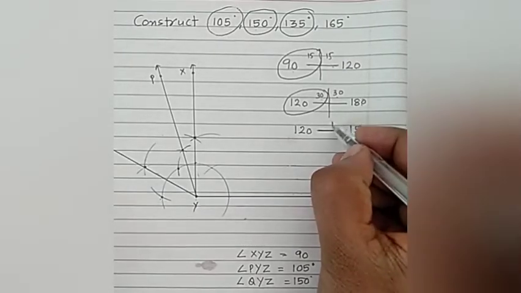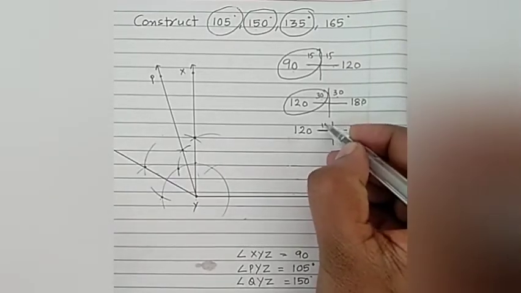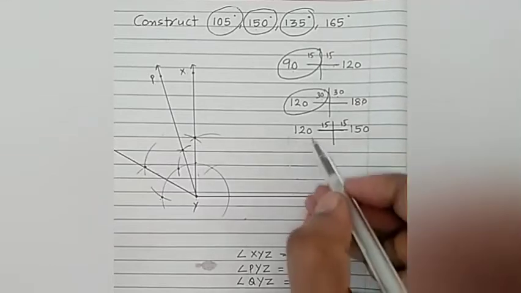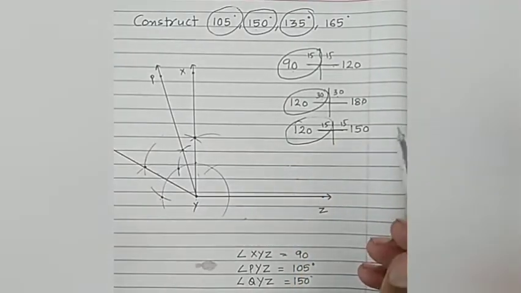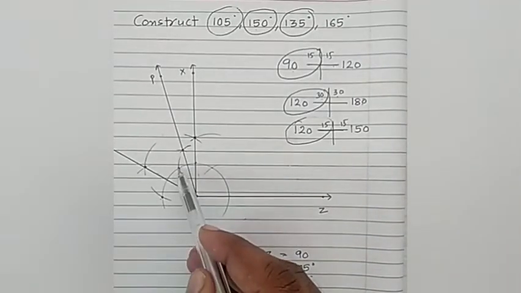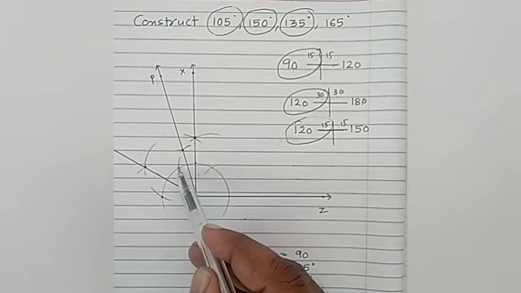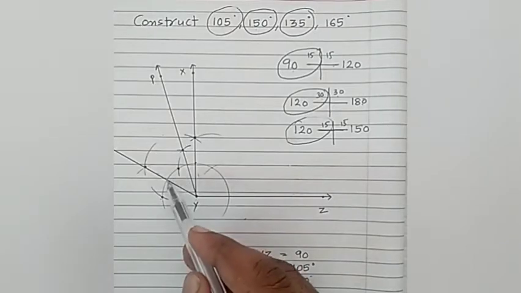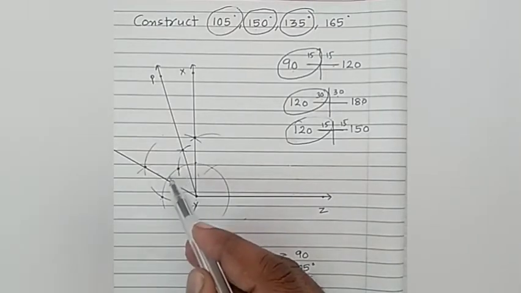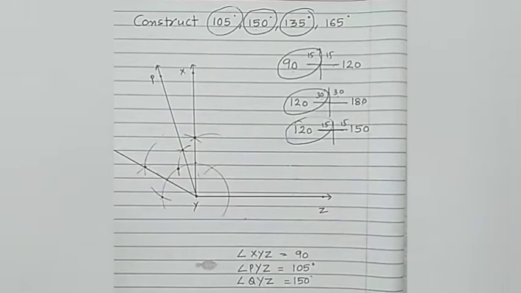And if that gets divided into 2, I get 15 each. So 120 plus 15 will give me 135. So I already have my 120. Where is my 120? This is. So between 120 and 150, I would get my 135 degree.